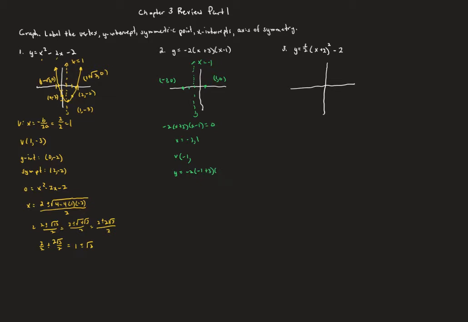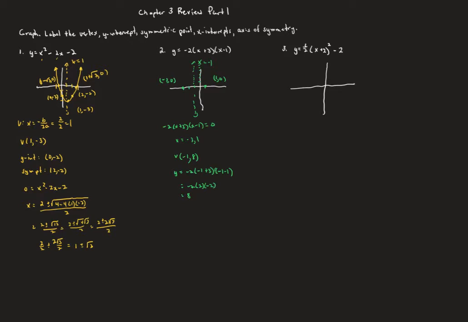So plugging in the negative 1 for the x, we're going to get negative 2 times another negative 2. So that's going to be 8. So that is going to make our vertex be at negative 1, 8. 1, 2, 3, 4, 5, 6.